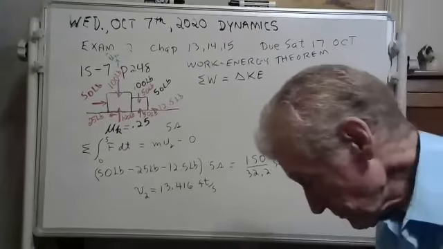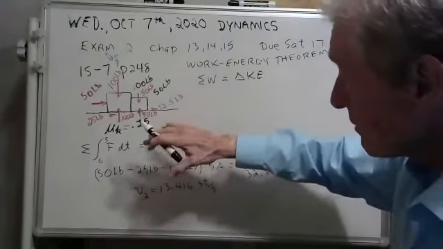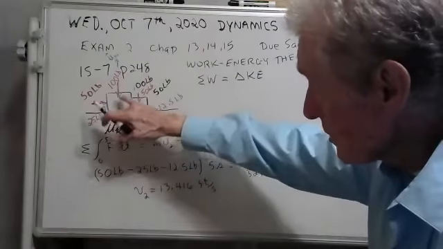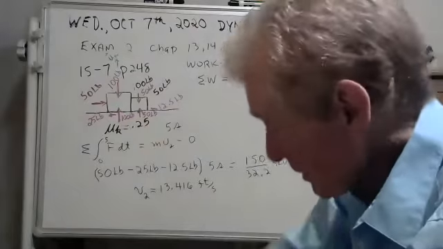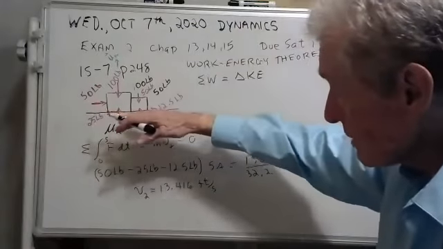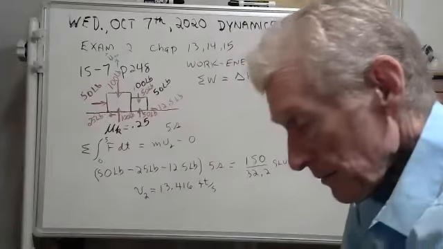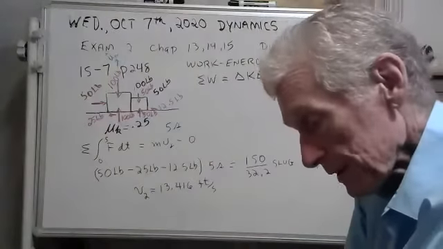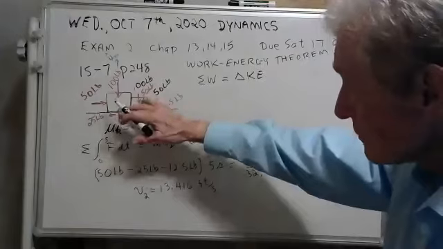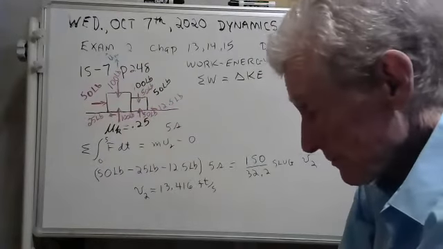Well, let's do that. Now, you see these 100 pounds, they don't do any work because the thing is moving perpendicular to them, and forces that are perpendicular to the motion don't do any work. See those 50 pounds? They don't do any work.